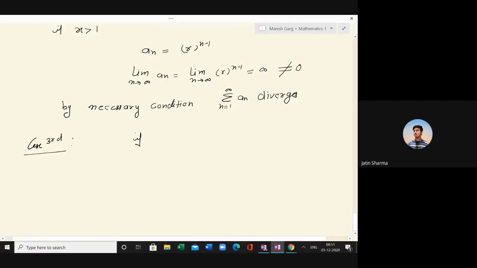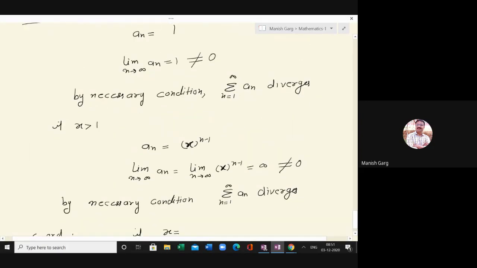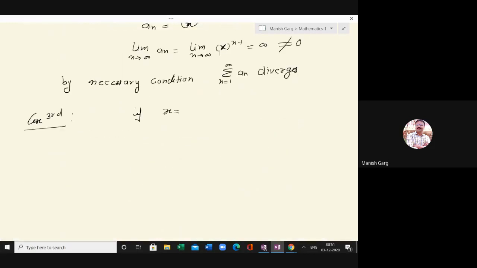In case two, an equals r, but here it will be x. Sorry, this is x, the same. Okay, if x is equal to -1, so what will be an?